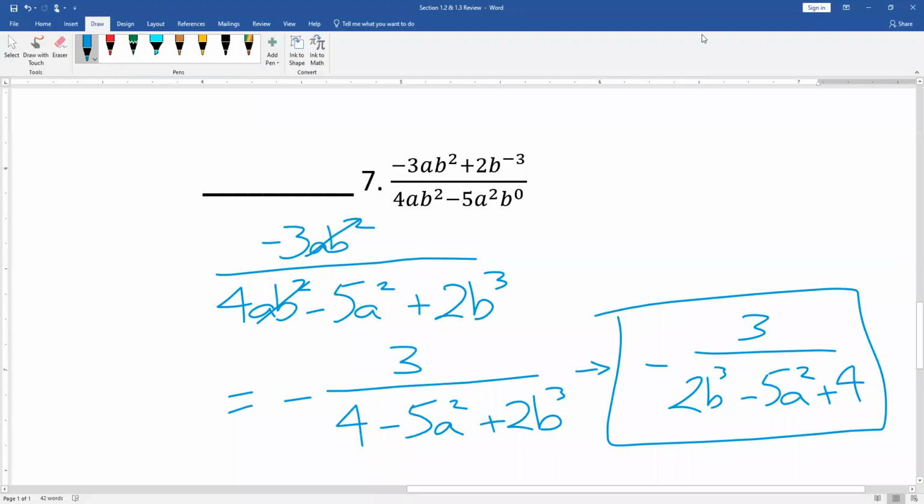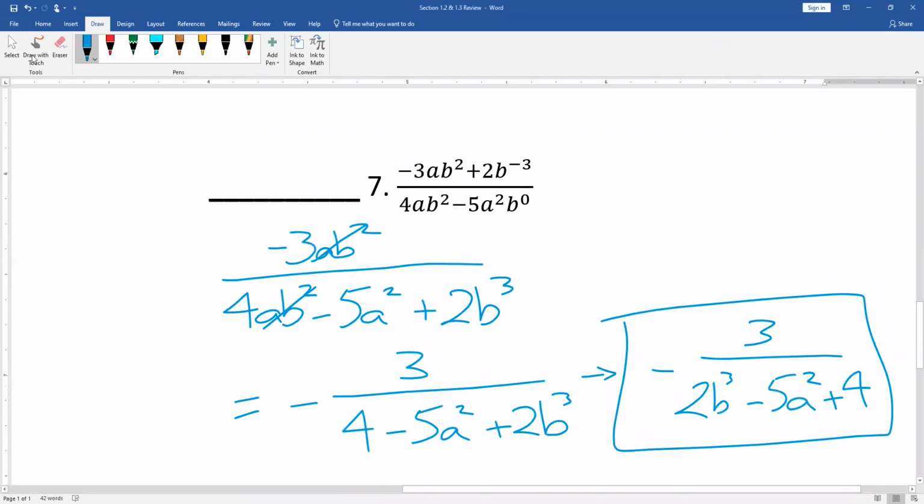And so that one's pretty simple, as long as you are good with the concept that a negative exponent means it's a reciprocal of what you're looking at. So instead of being 2b cubed, it's actually 1 over 2b cubed.